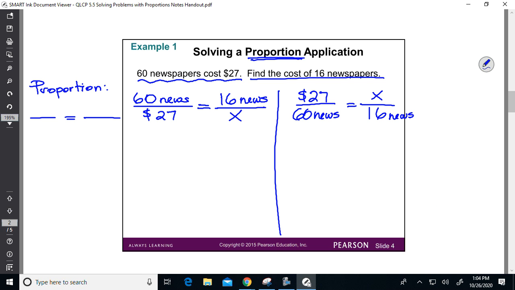Any questions so far? And one of your questions on your quiz this weekend will be, here's a word problem, set it up. It's not going to tell you to solve it. It's just going to tell you to set it up.